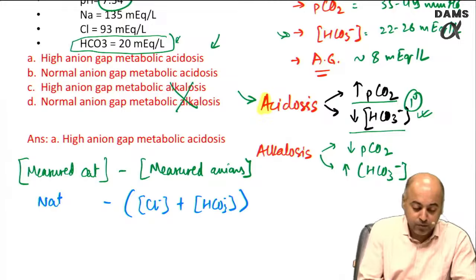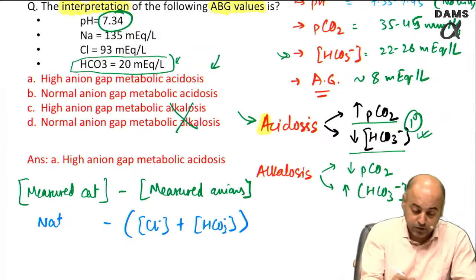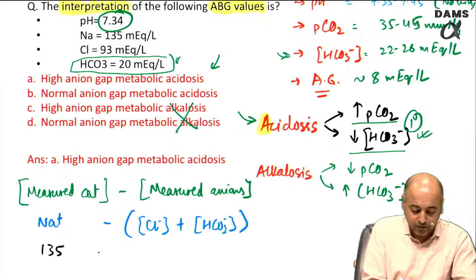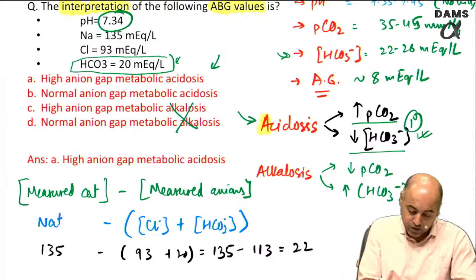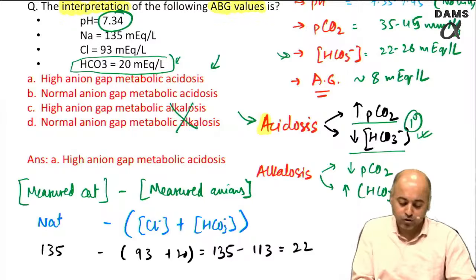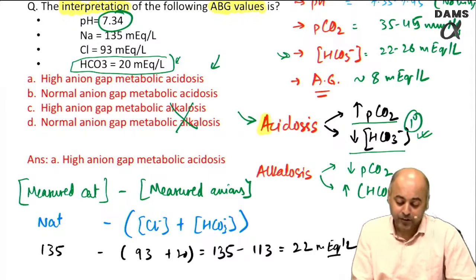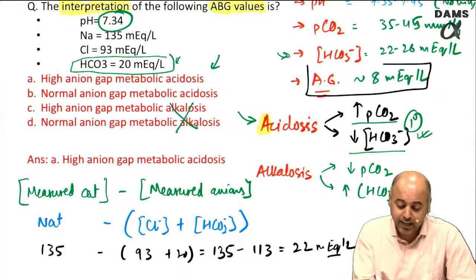So if you replace the values from the given question, the value of sodium is 135, chloride is 93, and bicarbonate is 20, which gives you 135 minus 113, which is roughly 22. So you're getting 22 milliequivalent per liter as the anion gap, and we said the normal anion gap should be 8 milliequivalent per liter.